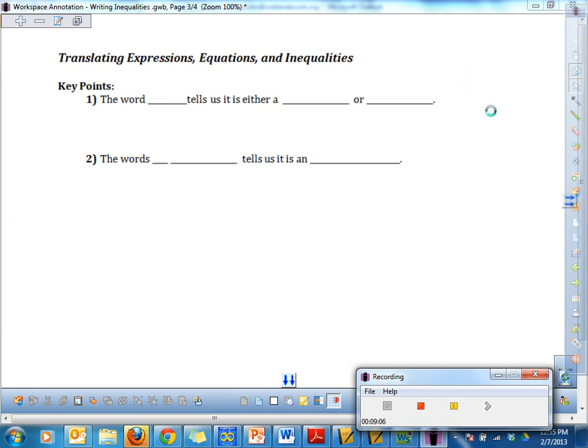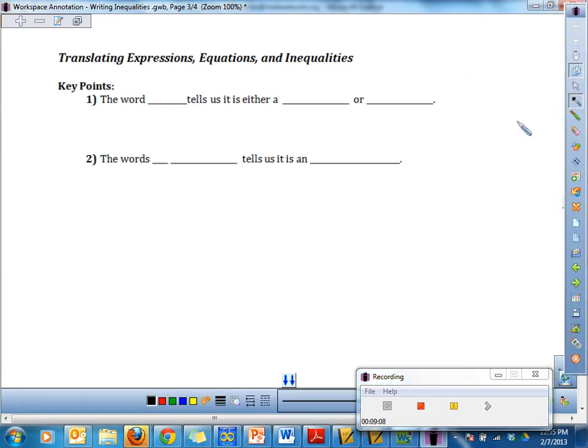Okay, so the first thing we need to talk about is what to look for so that you know whether to put an inequality, an expression, or an equation. So some key points. The word is, or the verb is, tells us whether it is an equation or an inequality.